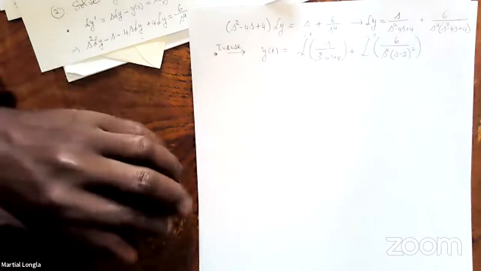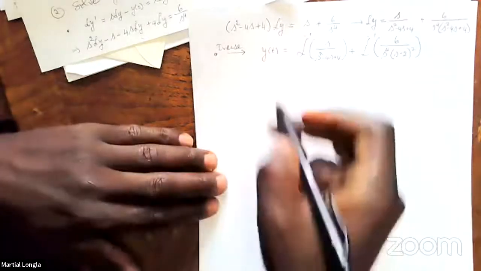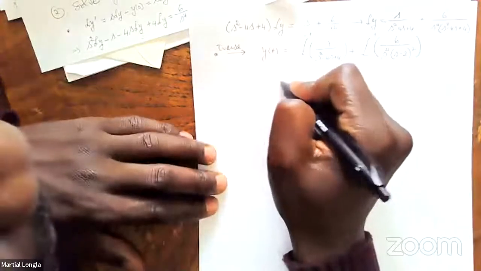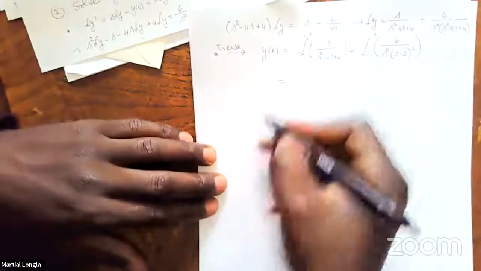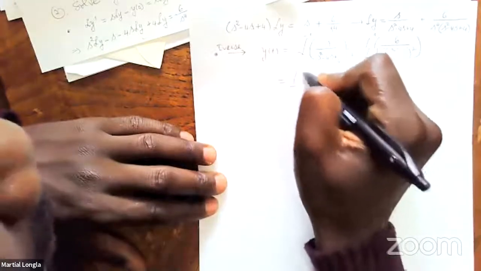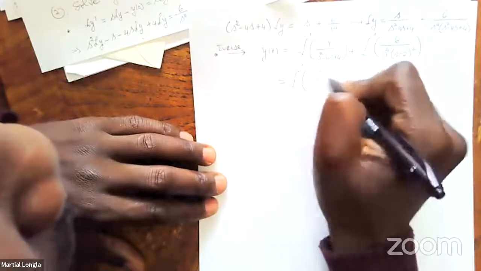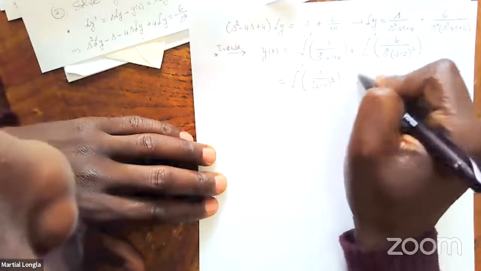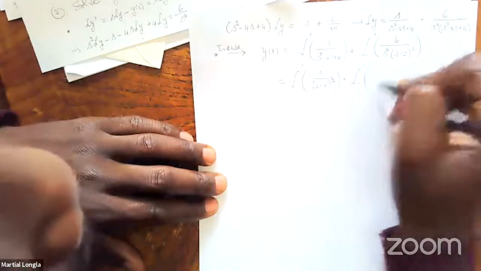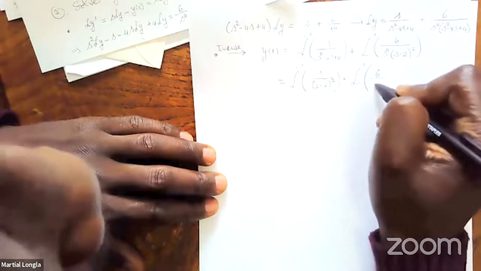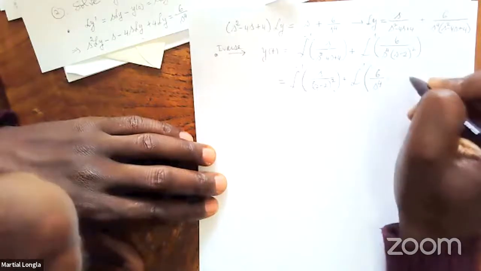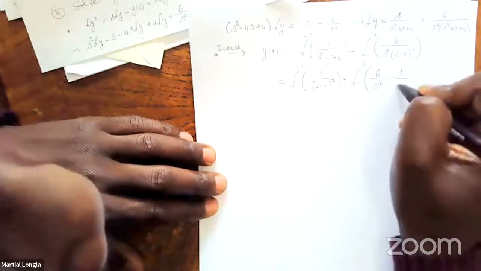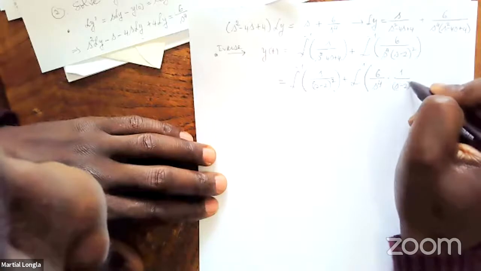All right, and there are two ways to look at this. This first one can be computed easily. This is L minus 1 of s over s minus 2 squared. And L minus 1 of, and I can write this as 6 over s to the fourth times 1 over s minus 2 squared.